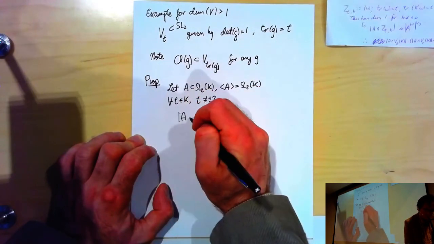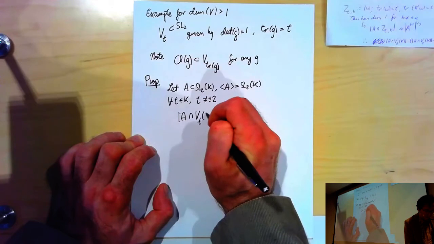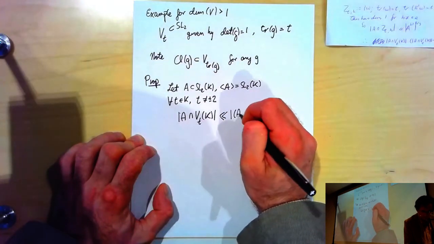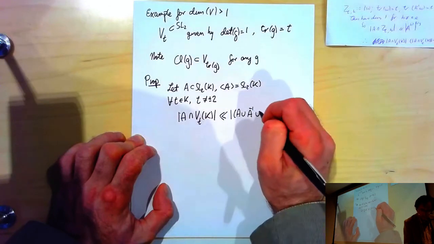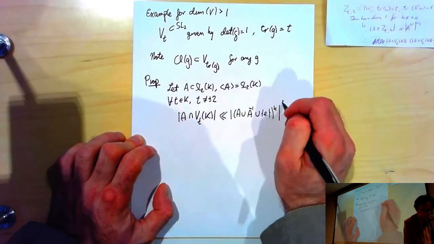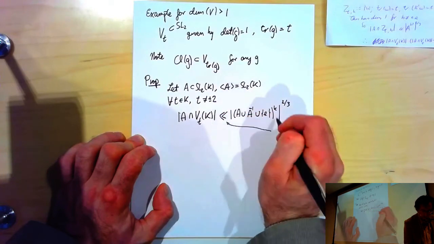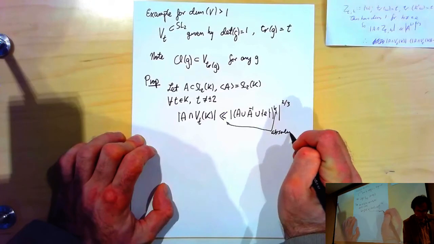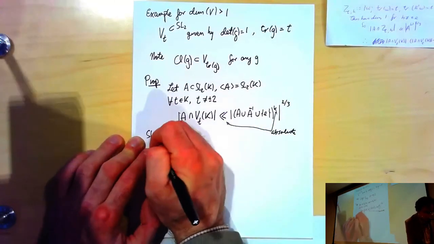So for any such t, you have the intersection with V_t(K) is at most what you would expect here, where the constant k and the implied constant here, they are both absolute. We are in SL2, so it's a constant. So let us sketch the proof.